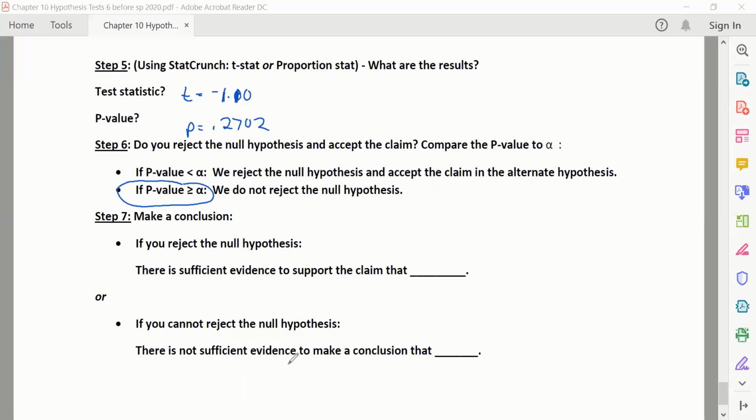So there's not sufficient evidence to make a conclusion that the proportion of 8th graders using alcohol has changed. All right.